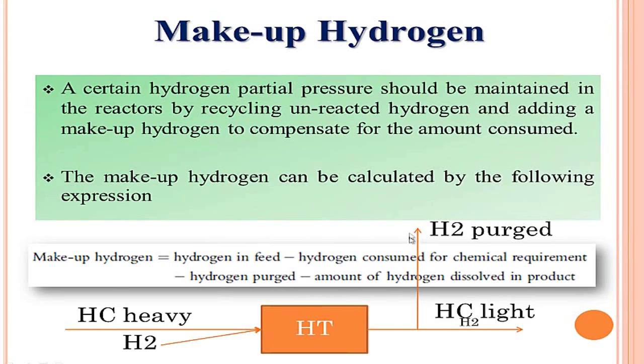And we need to purge the hydrogen out in some way to prevent the accumulation of C1 up to C4. So the equation is: the makeup equals the amount we feed in, minus the consumption from heavy to light, minus the purge, and minus the hydrogen dissolved.